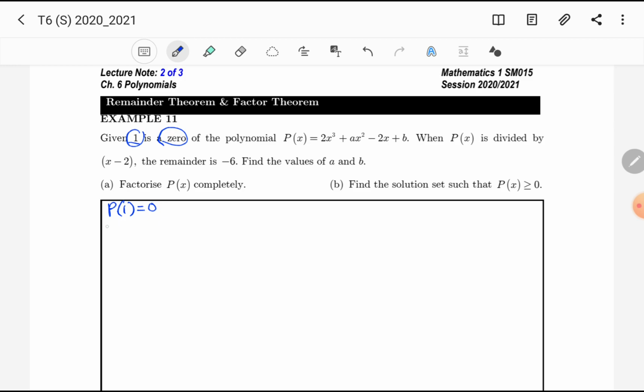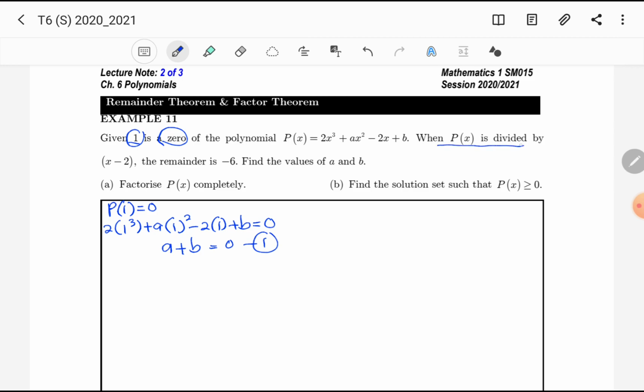So we can substitute 2 times 1 cube plus A times 1 squared minus 2 times 1 plus B equals to 0. Okay? Or if we try to simplify, we will get A plus B equals to 0. Our first equation. Okay, next.